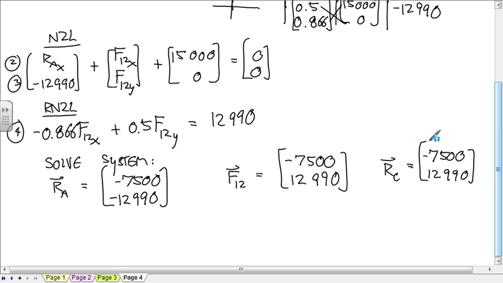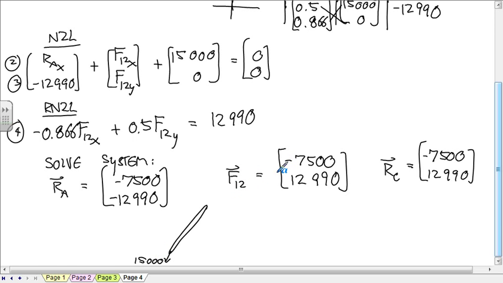And so what this says is on this member, you have a force going, so if you take the magnitude of this force, you get a force of 15,000 pointing along the long axis, putting it in tension.